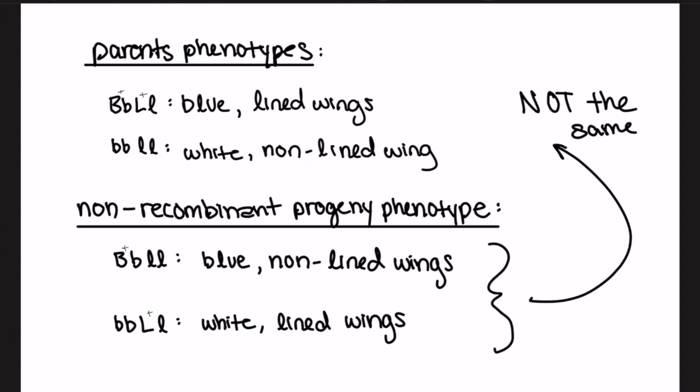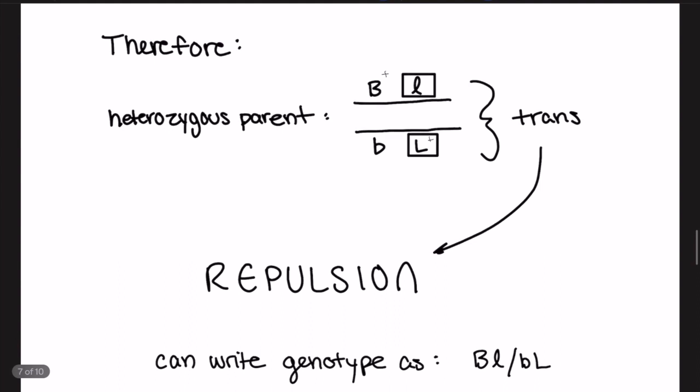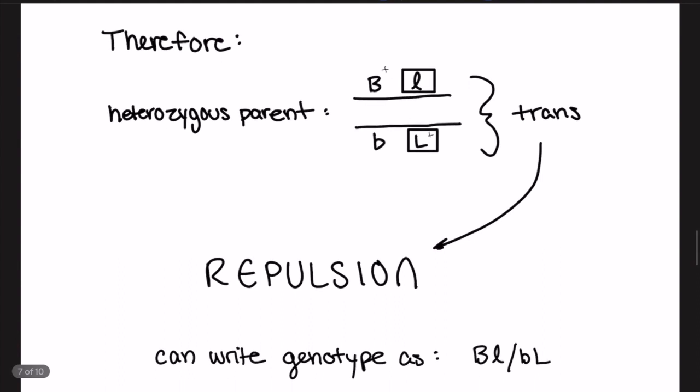The phenotypes of the non-recombinant progeny are blue with non-lined wings or white with lined wings. We can see that the phenotypes of the non-recombinants are different from the parents. This means that the alleles are in trans conformation on the heterozygous parent's chromosome.